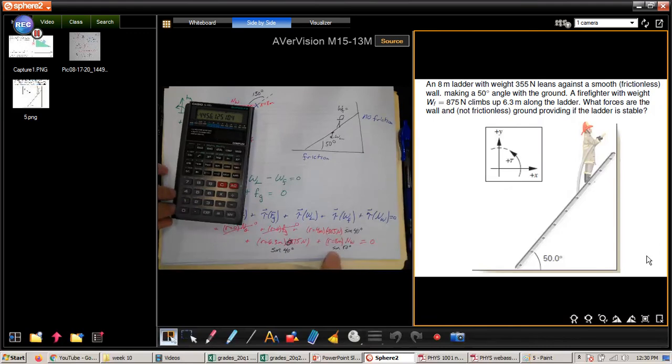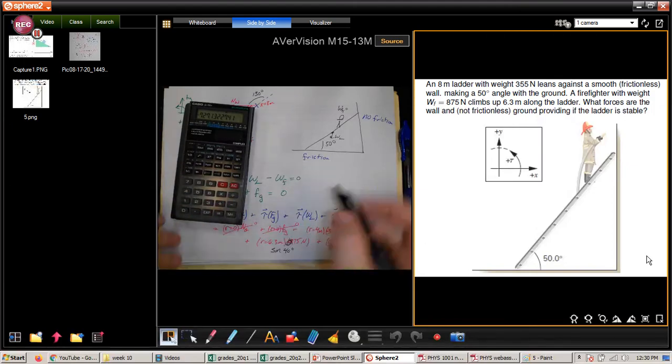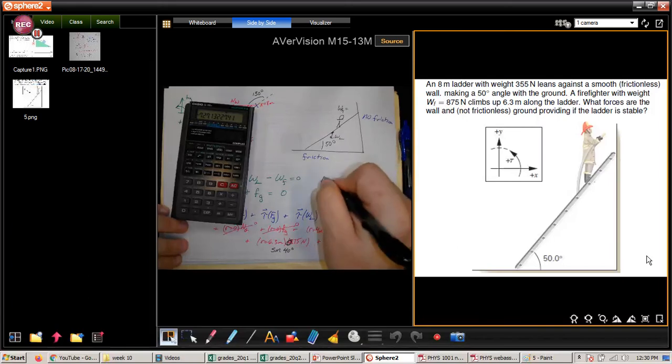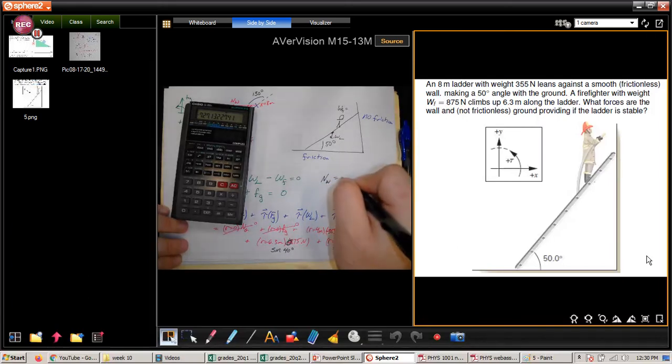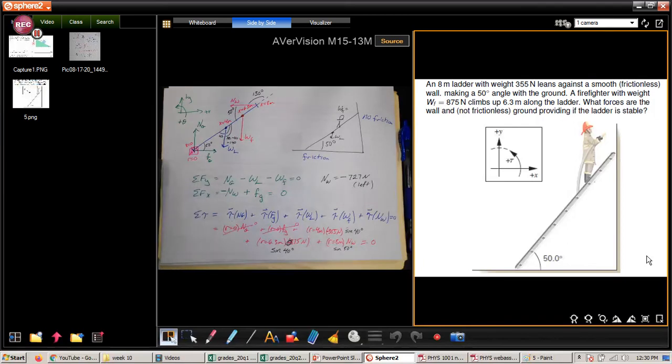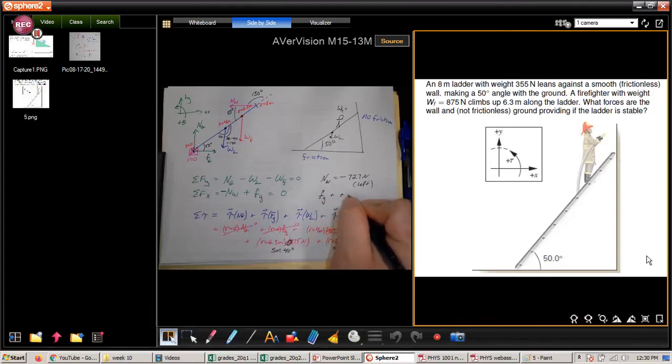And now we're going to divide by 8, and we're going to divide by sine 50. And so what we get is that this normal force that the wall provides is minus 727 newtons. That just means it's to the left. Well, that means the frictional force that the ground provides is plus 727 newtons, because it's to the right.